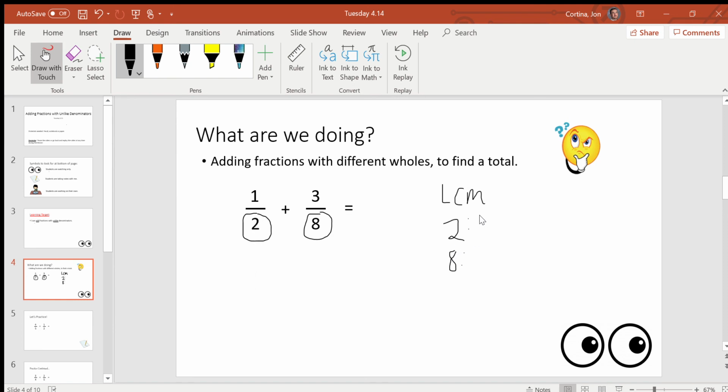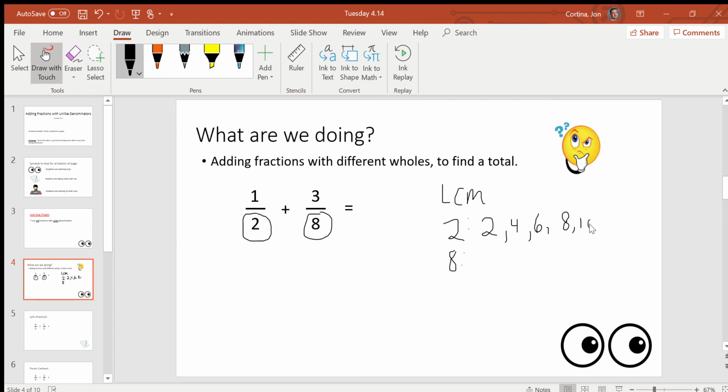So you can just start by listing maybe 4 or 5 multiples and see if you have a common one among the two numbers. So remember, multiples, we're multiplying, or skip counting. So 2, 4, 6, 8, 10.